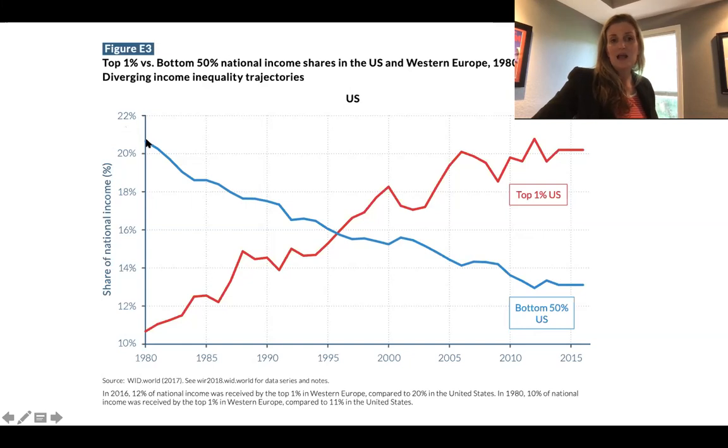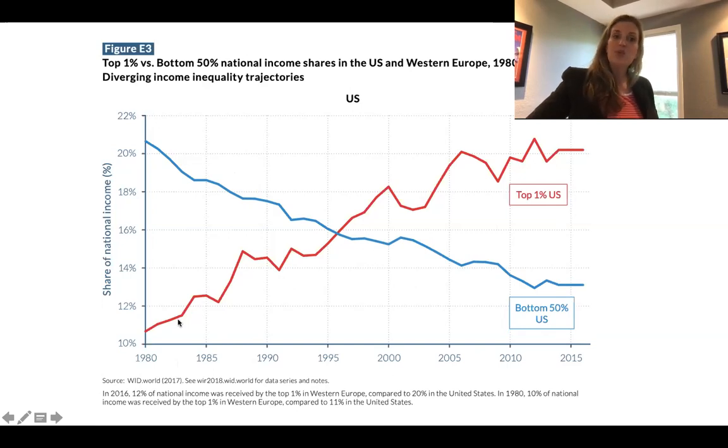Today, the lower half of income earners in our country has 13% of the national wealth. Half of America has gotten poor when we look at this group from 1980 to 2015.